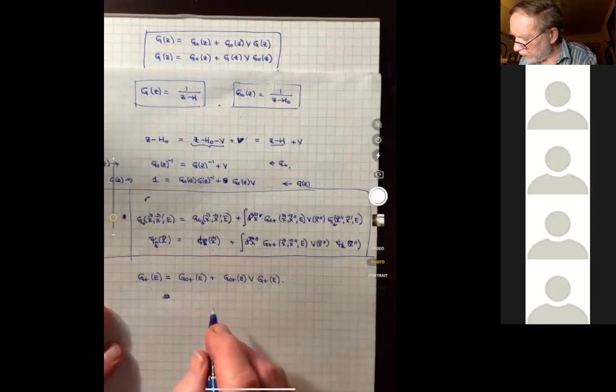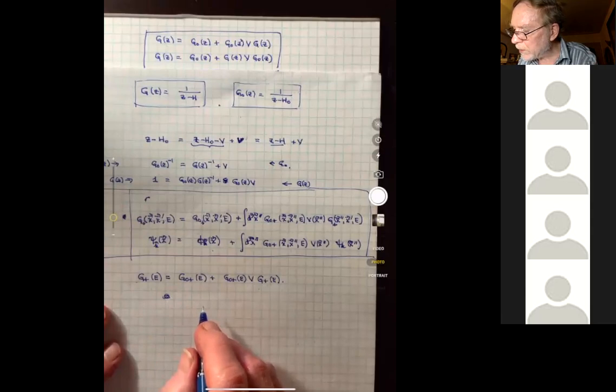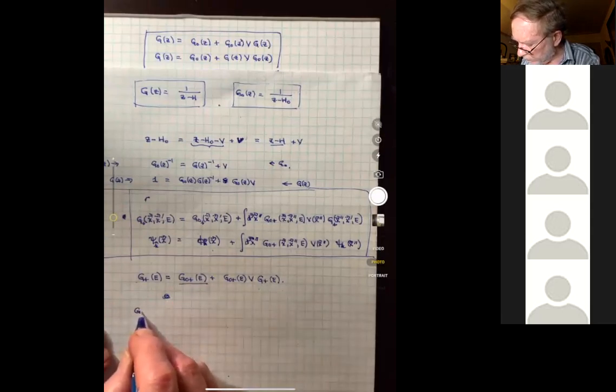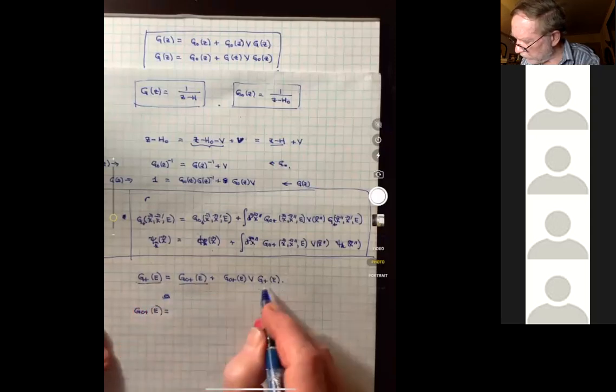I want to solve this for the G0 plus of E, because we have two factors of G plus here.